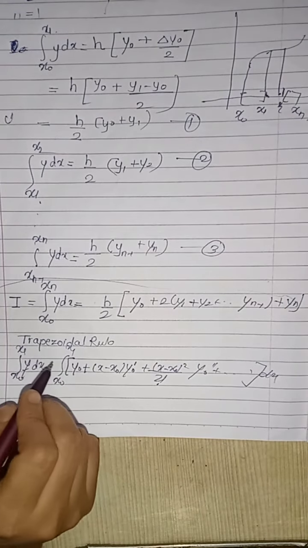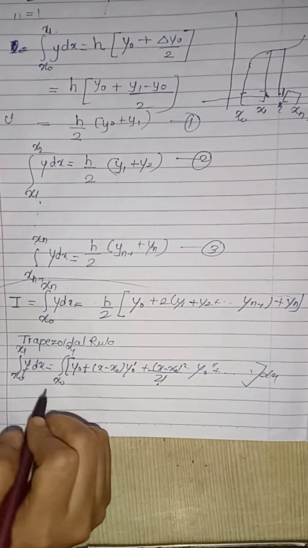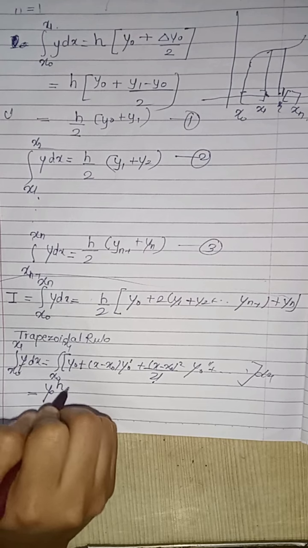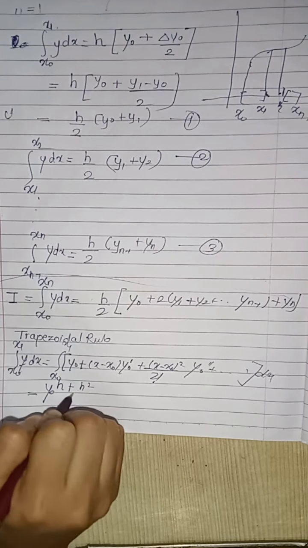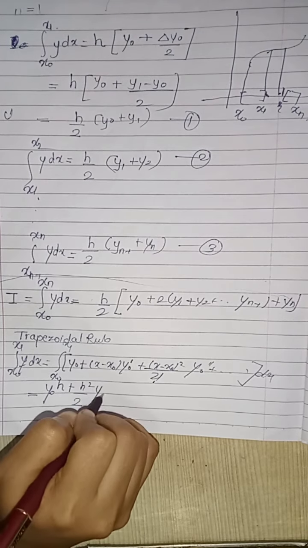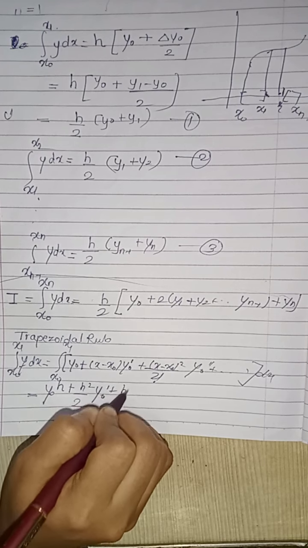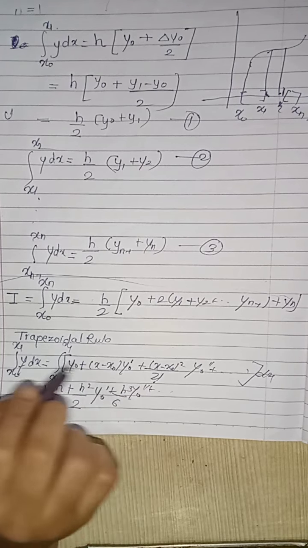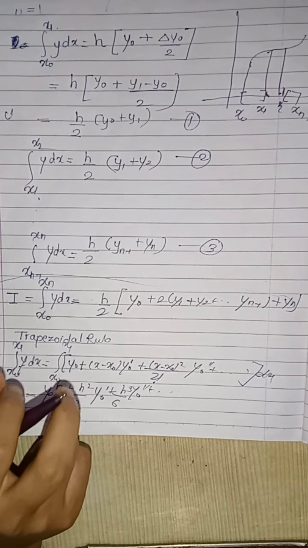So solving this with respect to x, we get y0 into h plus h square upon 2 y0 dash plus h cube upon 6 y0 double dash plus so on. So this is the actual integration.